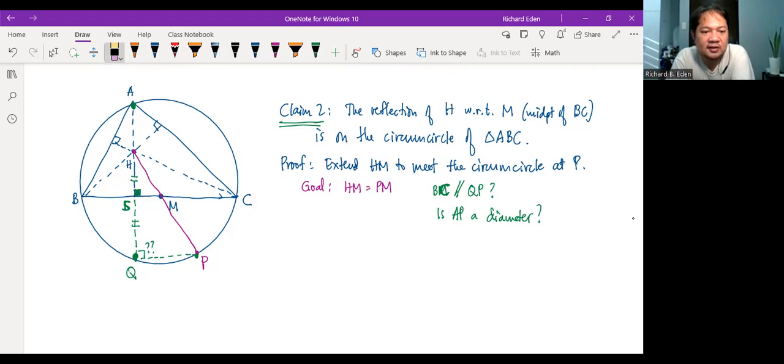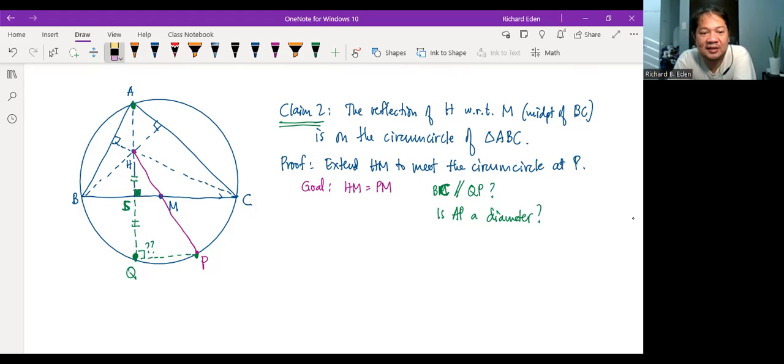So HS equals SQ. Tapos if our goal is to show that HM equals PM, a consequence of that would be that SM is a midline of triangle HQP.